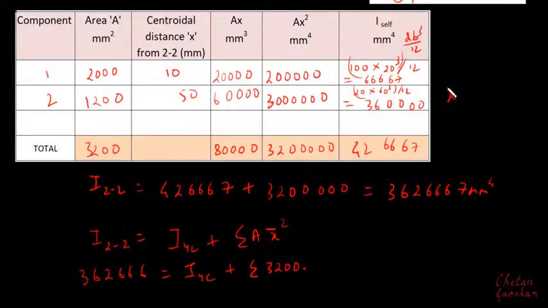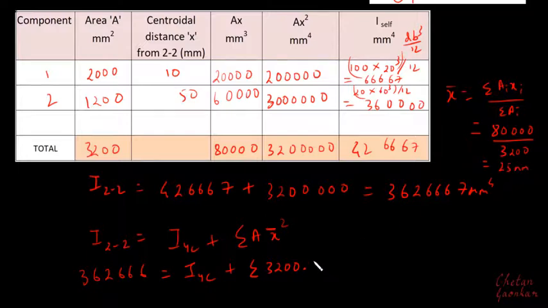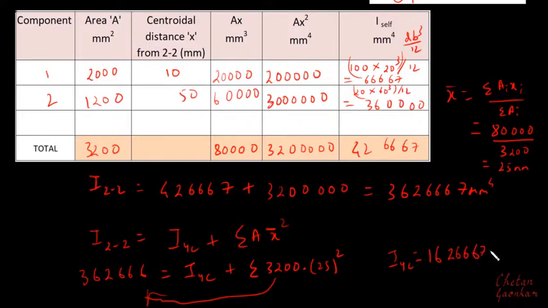Now x bar can be found out as summation of AiXi divided by summation of Ai. Summation of AiXi will be 80000 divided by summation of area 3200, and if I calculate this value it should be equal to 25 mm, so this will be 25 square. Now if I take this value again to this side, I should get this IYC as 16,26667 mm raised to 4.